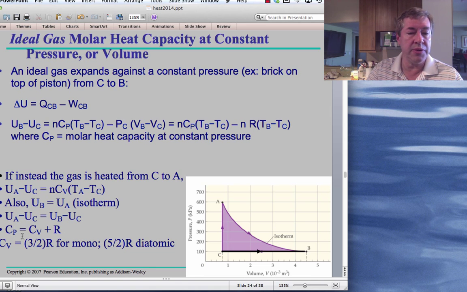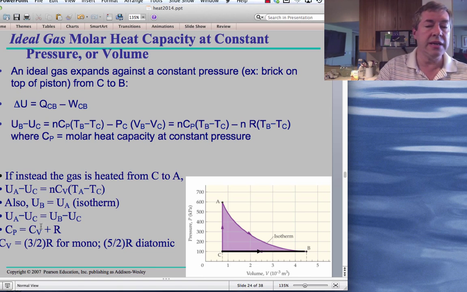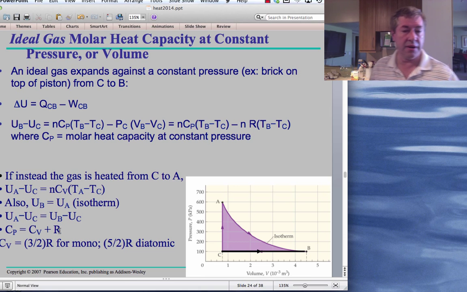If you were to keep the pressure constant, then the heat capacity, remember that's the change in energy corresponding to a given temperature change, going along this path here, is the heat capacity at constant volume, C sub V, plus the ideal gas constant R. So in any problem that I give you, we should be clear, and I'll try to make it clear, whether the volume is being held constant or the pressure is being held constant.